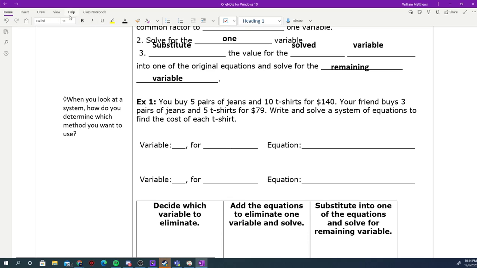So in looking at what we are actually trying to find, we're trying to find the cost of t-shirts. We know that he bought 5 t-shirts and 3 pairs of jeans for $79.